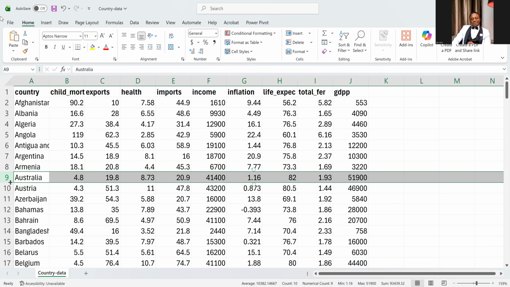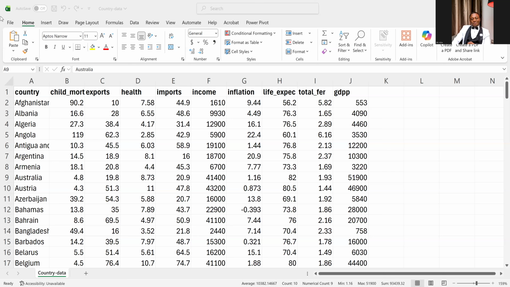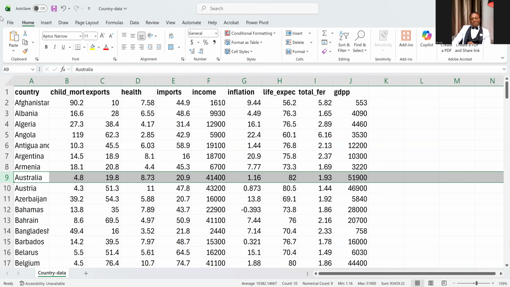The next column is export. Again, you can see the exports as a percentage of GDP. Given the GDP of the country, are these people exporting more? You can see clearly that Afghanistan is not doing well compared to Australia. Then health.